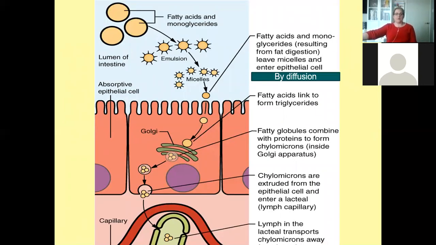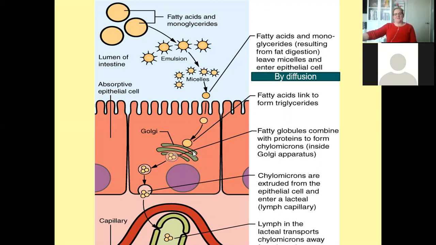So fatty acids and monoglycerides get emulsified, they get turned into micelles, and then fatty acids and monoglycerides leave micelles and enter the epithelial cell via diffusion. The fatty acids link together to form triglycerides, and the fatty globules combine with proteins to form chylomicrons, and this is inside our Golgi apparatus.